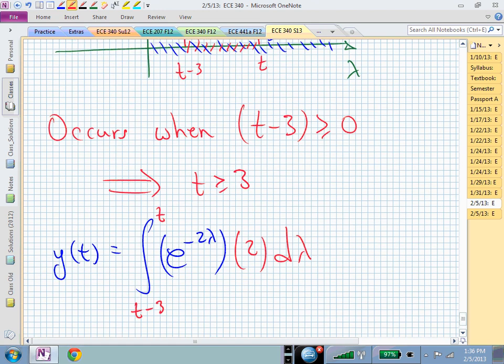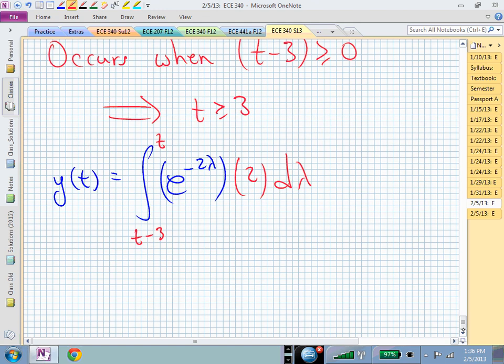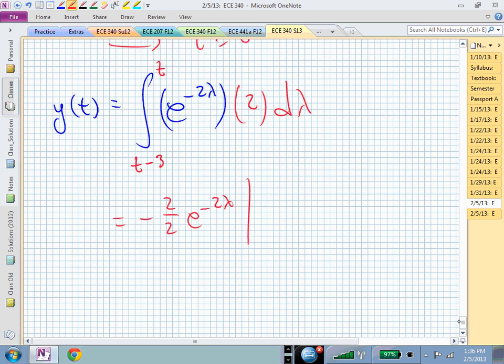And now my integral is exactly the same. It's just that I have to integrate between two different limits. So if I did the integration the first time, I should be able to do it the second time. I just have to evaluate it at two different limits. In this case, I have this minus 2 over 2 e to the minus 2 lambda, but now I'm integrating from t minus 3 to t.